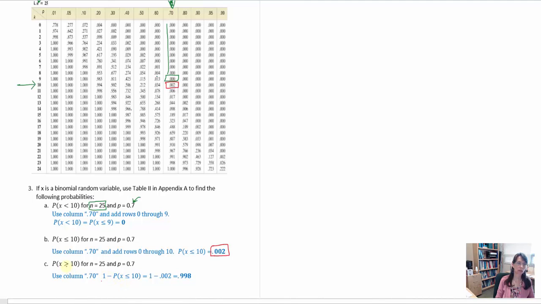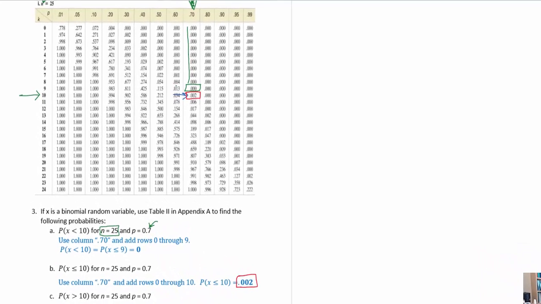The complement of greater than 10 would be less or equal to 10. So we're using 1 minus the probability of x less or equal to 10. The probability of less or equal to 10 is 0.002. And so we are using 1 minus 0.002 to give us the final answer of 0.998.